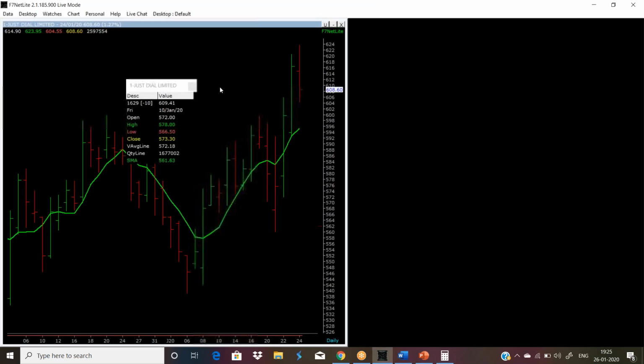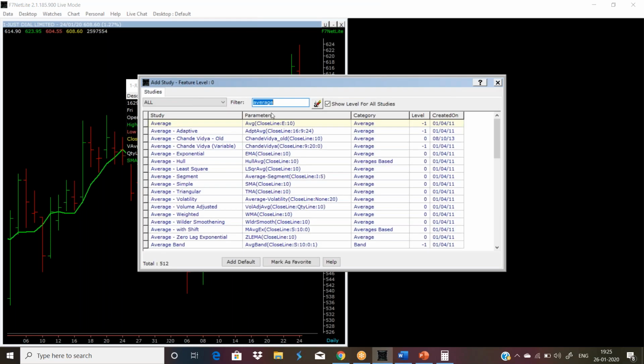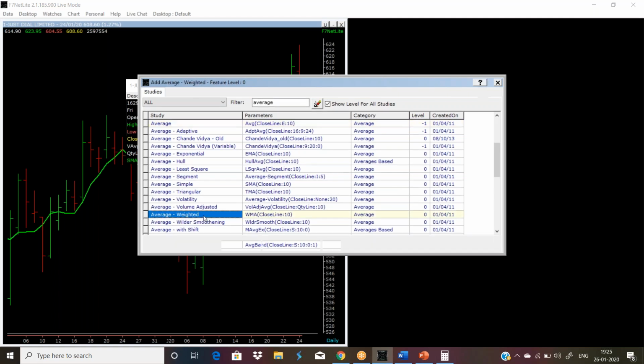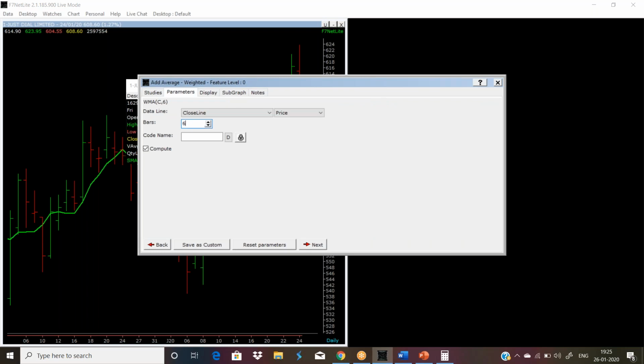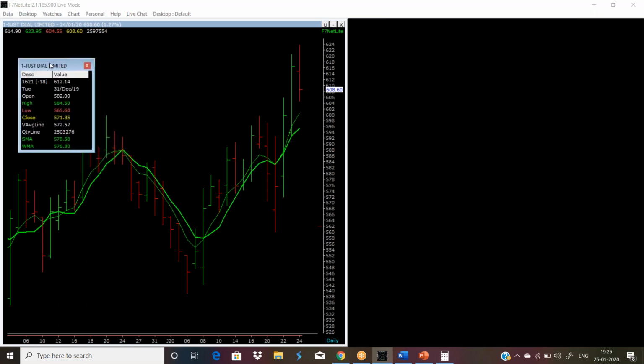If you use weighted moving average, you can use it as a study and use the weighted moving average here. If you check, this is the weighted average, so you can use the weighted average of 6. I'm taking 6. So there is a difference. If you check this value, see there is a difference.